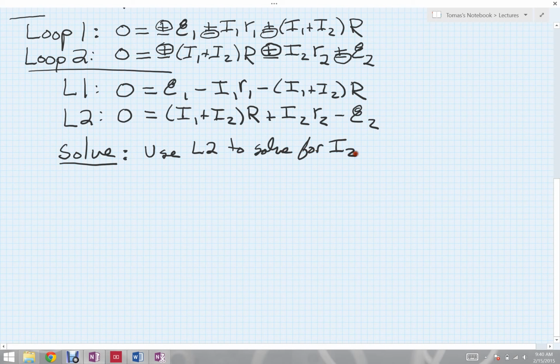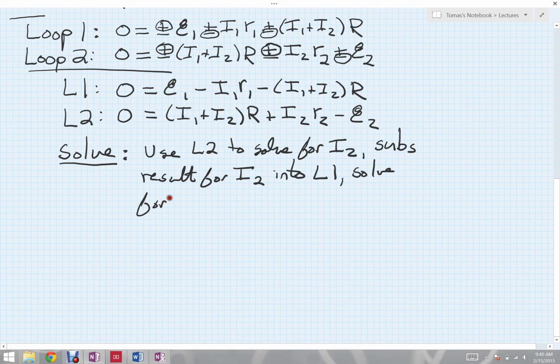And then once I have I2, I would then substitute your result for I2, whatever you get from that first solve, into the loop 1 equation. That will then eliminate I2, and I'll be just left with an equation in terms of I1, and then finally you would solve for I1. That's not the most elegant way, but that's one way that would definitely get the job done.